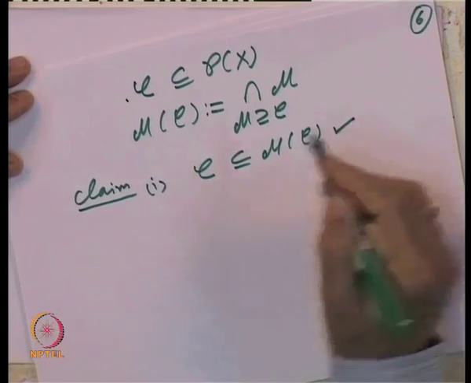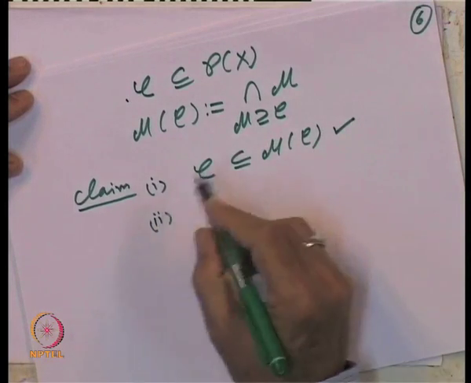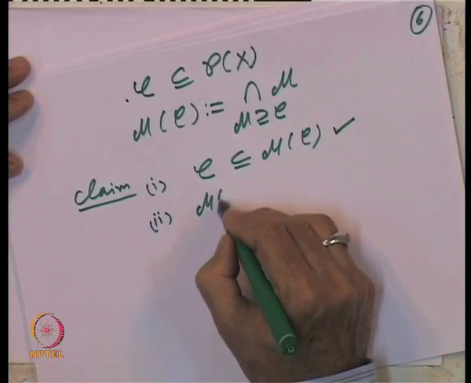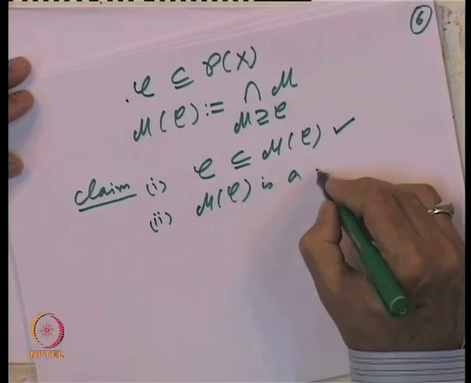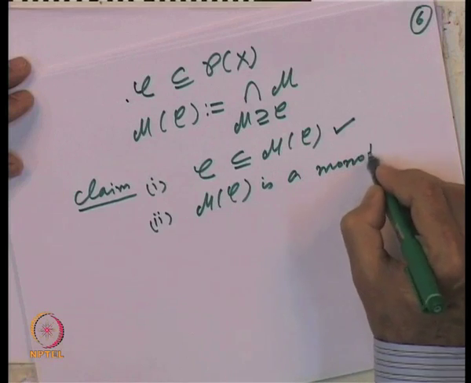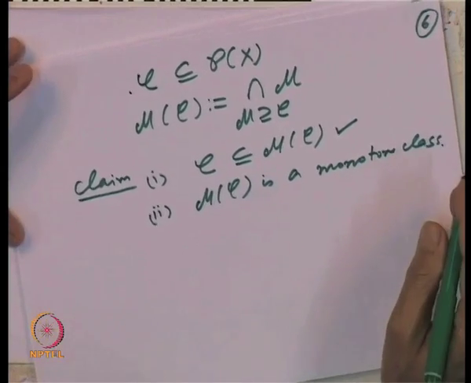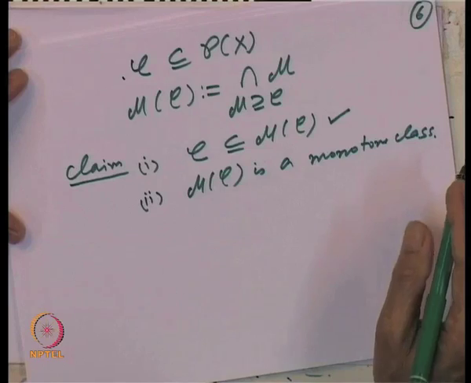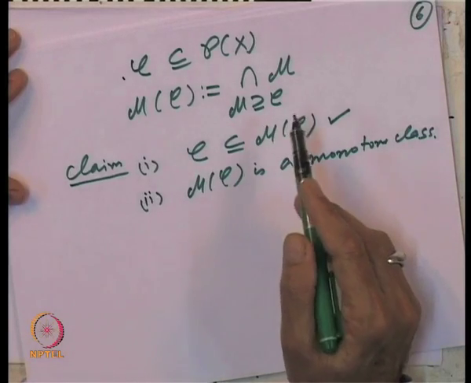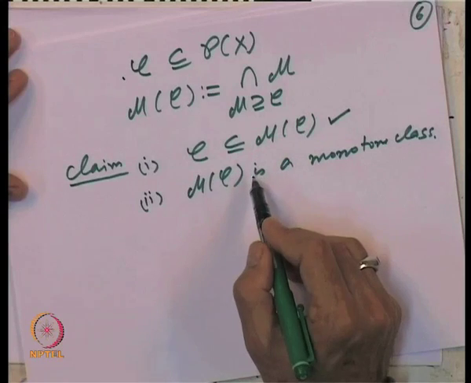So, this property is obvious. Second, the claim that M of C is a monotone class. Well, the proof goes along the same lines as that of algebra and semi algebra, algebra and sigma algebra.